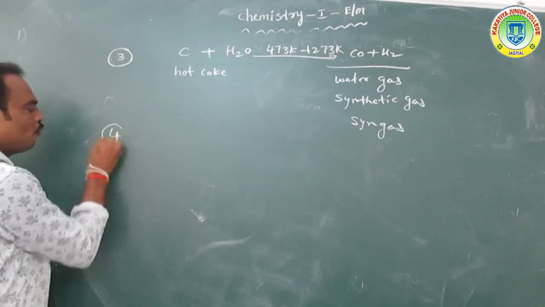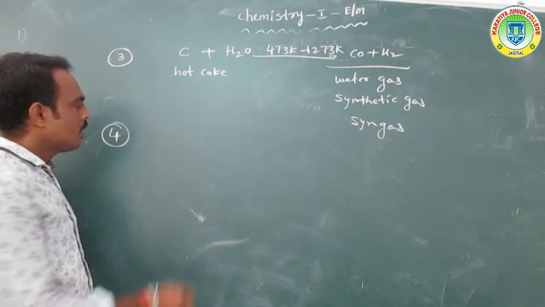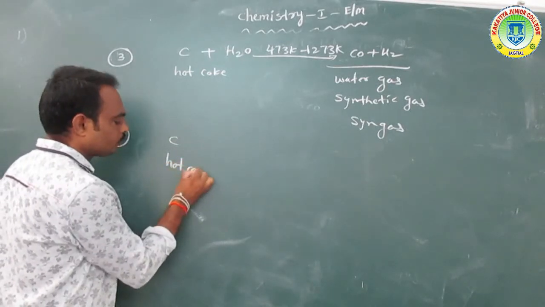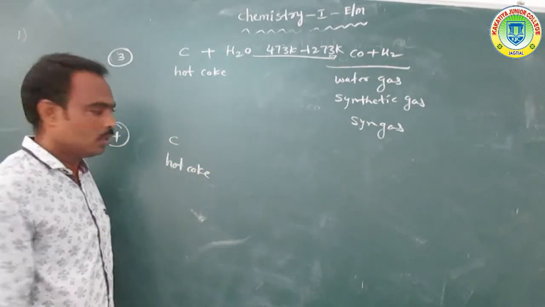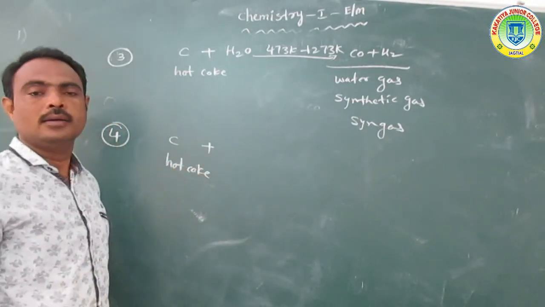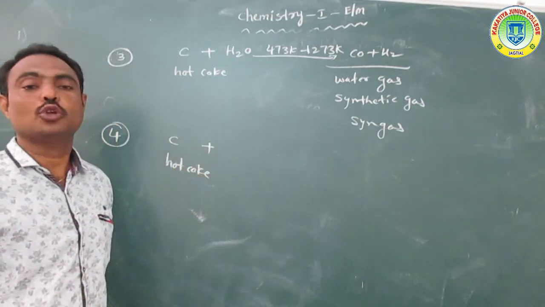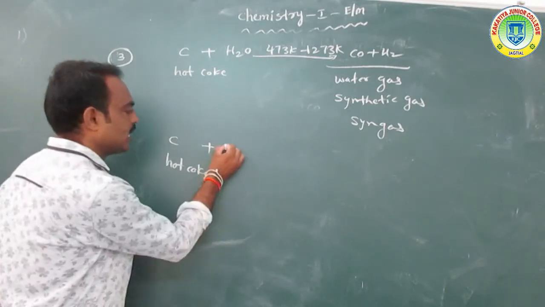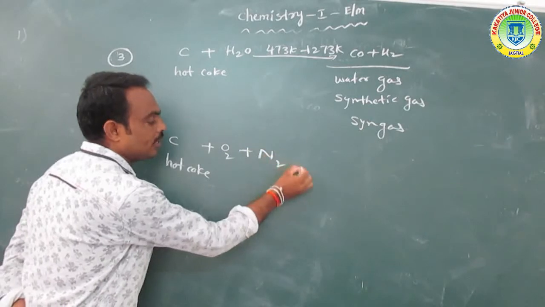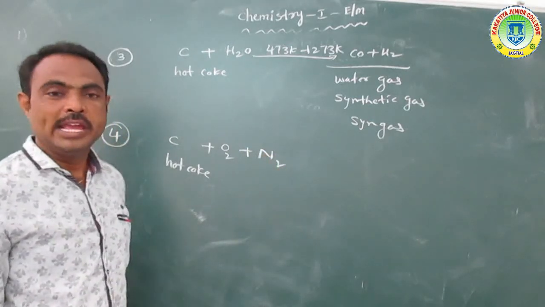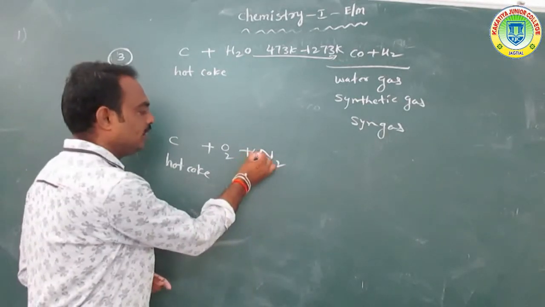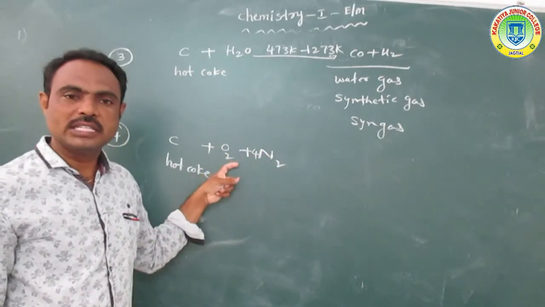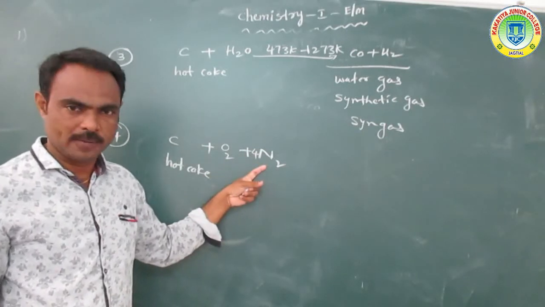Next, fourth preparation. We have taken hot coke, and air is passed through the hot coke. Air mainly contains two components, oxygen and nitrogen.